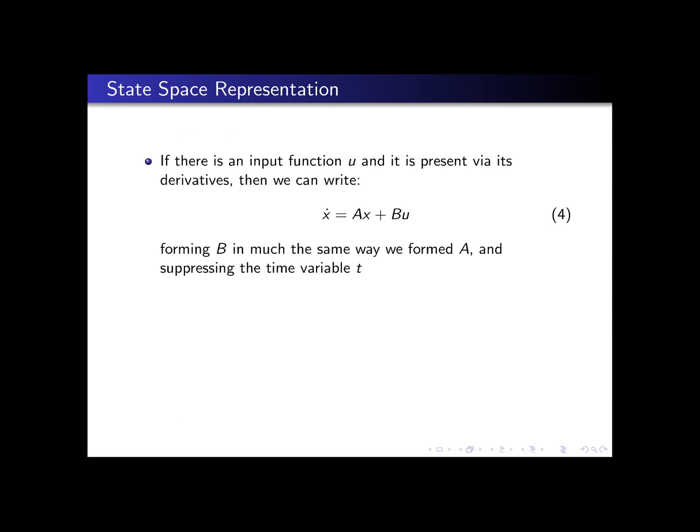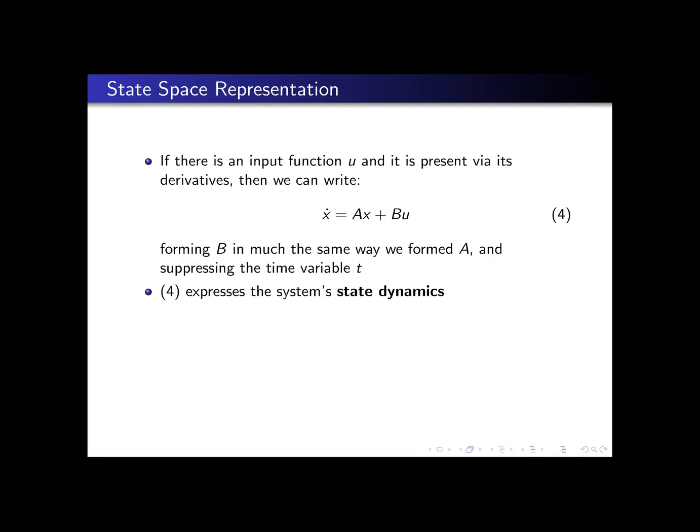If there is an input function u, and it's present via its derivatives, perhaps, then we can write x dot equals Ax plus Bu, where B is a matrix such that when you multiply it times the vector u, which might be a scalar actually, you get something of the same vector size as x, and then you can add them.